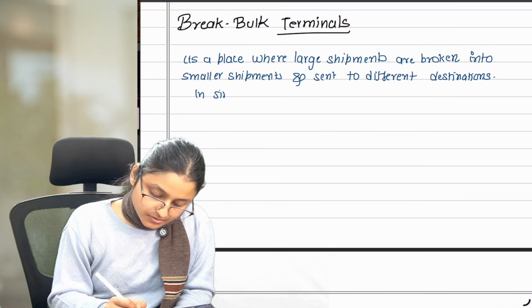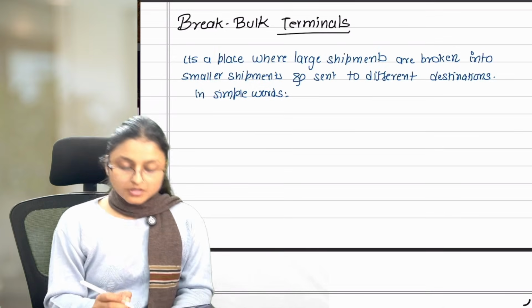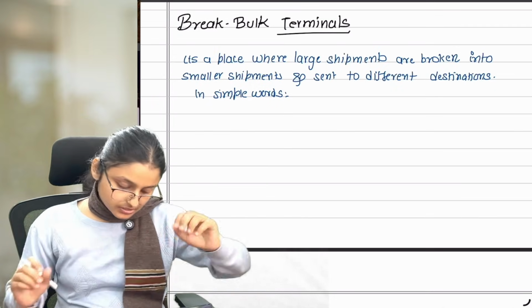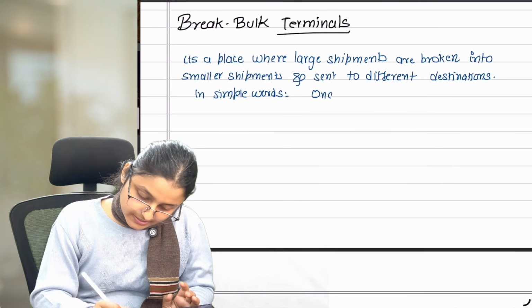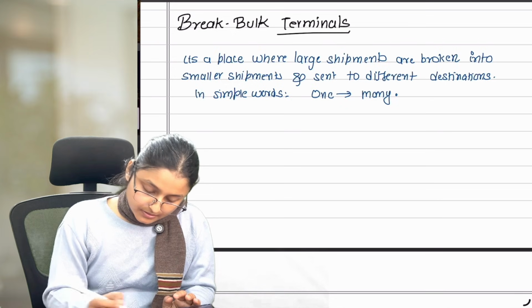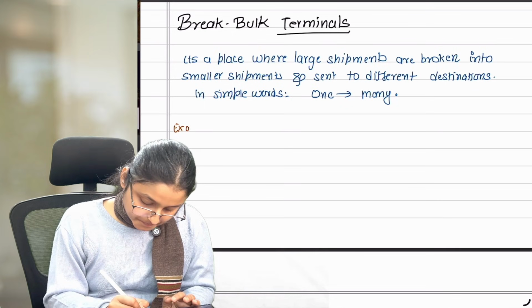In simple words, what happens here? Here the product is coming from one place and going to many dealers or many destinations. One to many.